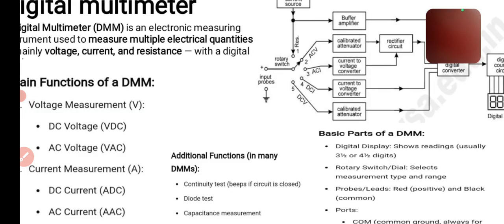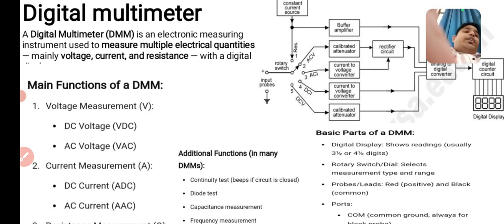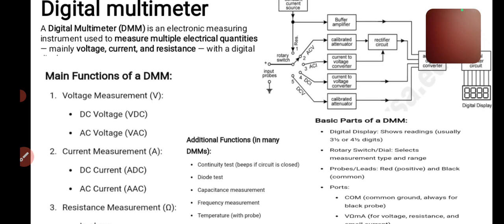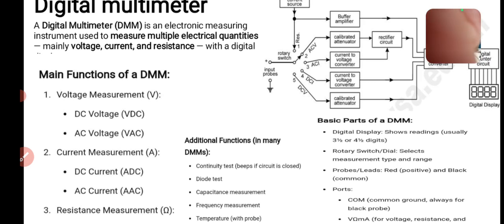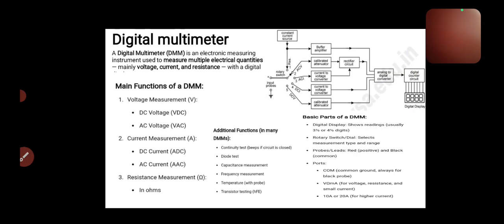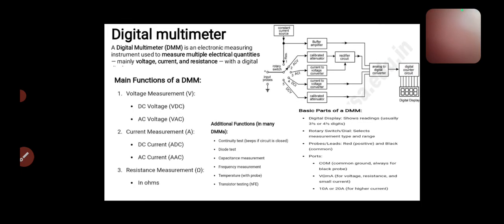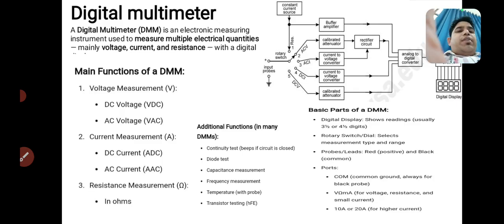It converts AC into DC, and at the output side it has one rectifier to convert to DC supply. Then there is a current to voltage converter, where we convert the current quantity into the voltage quantity. At the end there is an analog to digital converter, and then a digital counter, and after that we display the value.